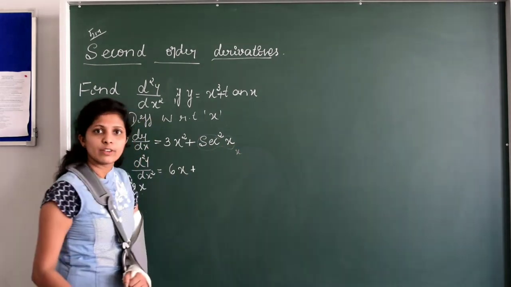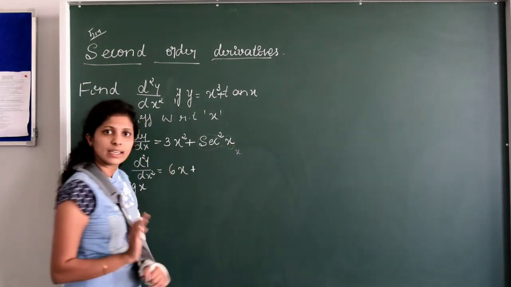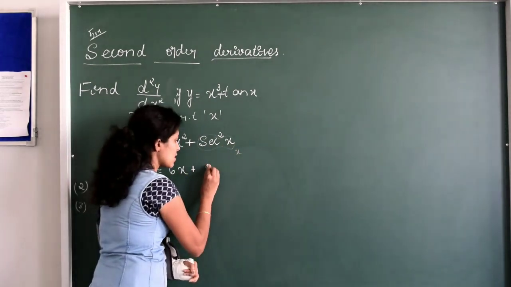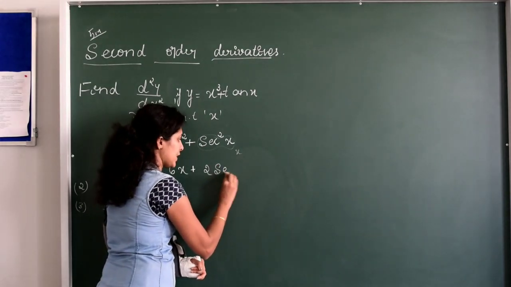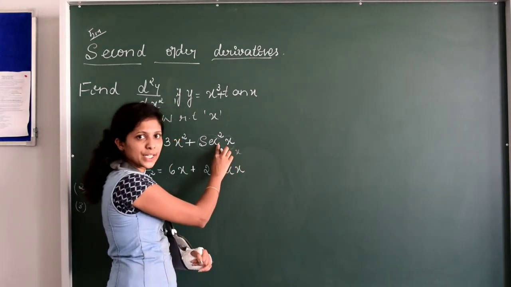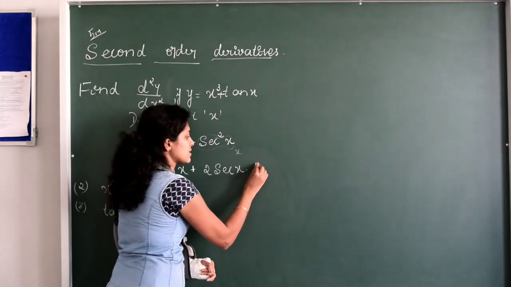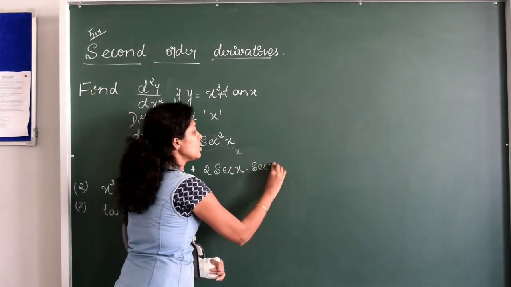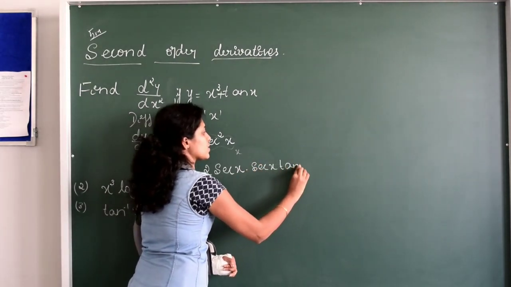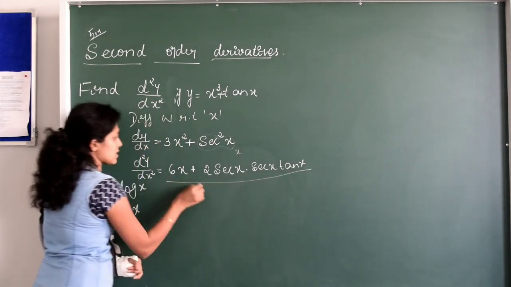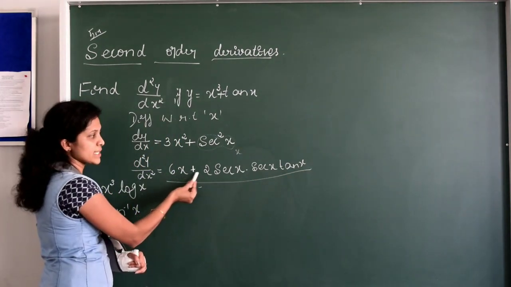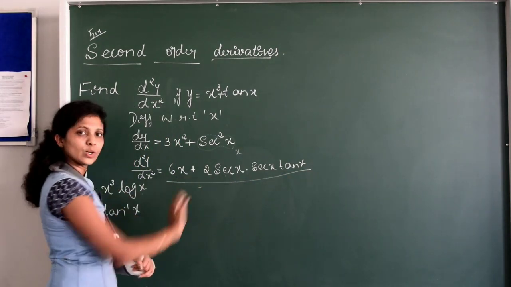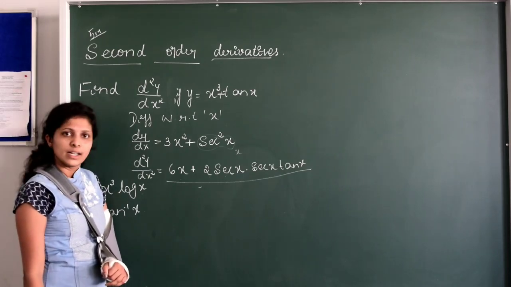Derivative of x square will be 2x. In the place of x, here we have secant x. So this is now 2 into secant x. Then derivative of secant x. What is the derivative of secant x? This is now secant x into tan x. Is it clear? So this is d square y by dx square. We can write this as 6x plus 2 secant square x into tan x. So this is the second order derivative.